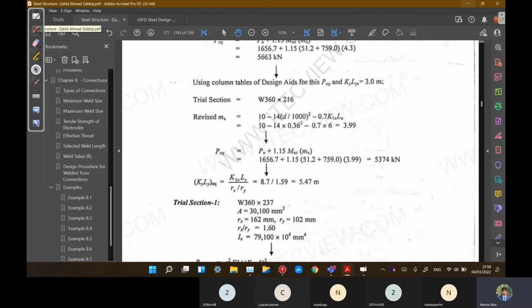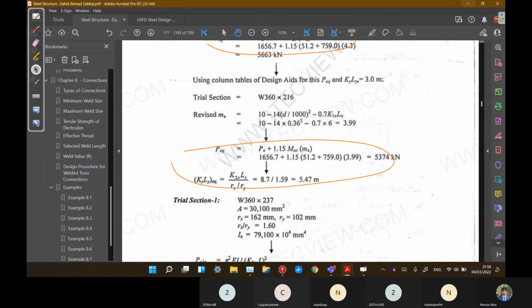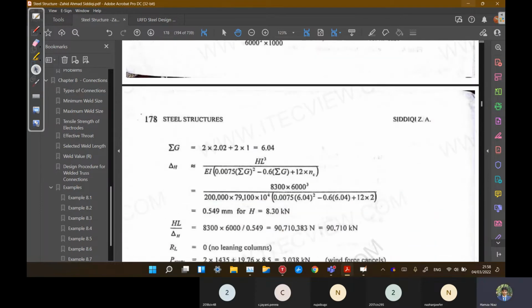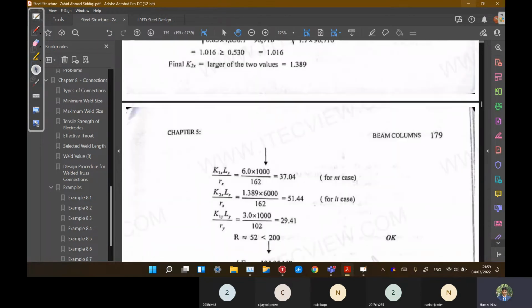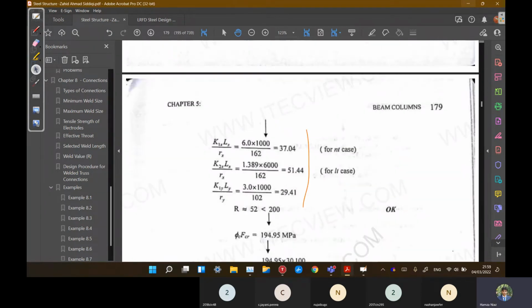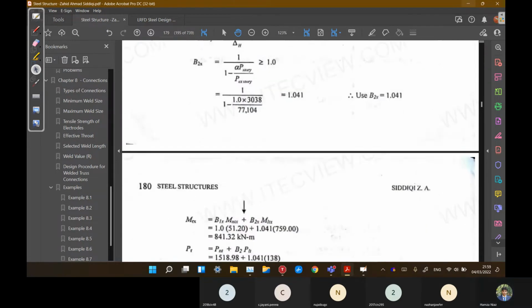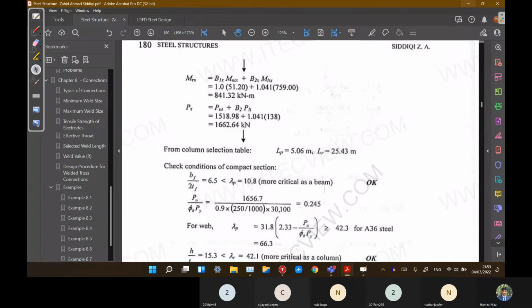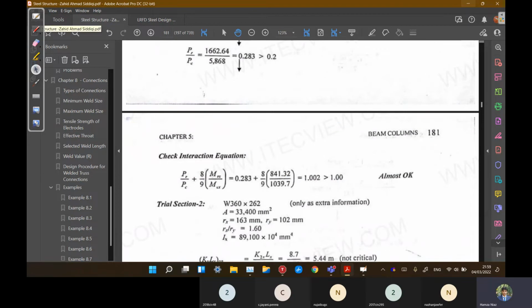This was P equivalent for the first trial, this is P equivalent for the final trial, and they are using this for converting, and these are the capacities. V1, V2 is here, and finally they have checked the interaction equation. It was a little bit high, almost okay. So we can fail this section and try again.